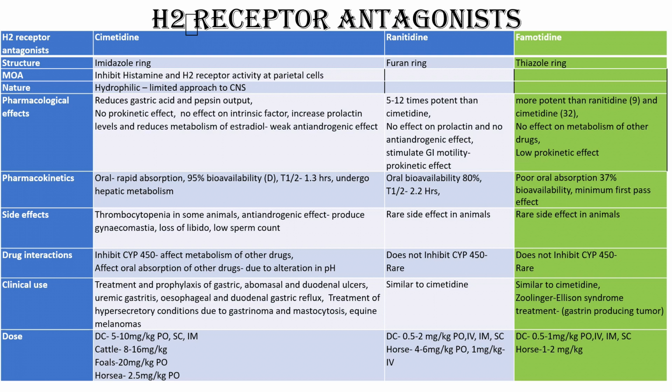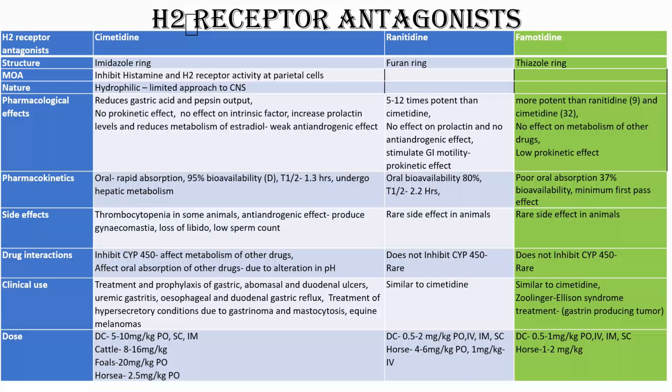The next agent is famotidine. If you see the difference in famotidine and the other two agents, cimetidine and ranitidine, famotidine contains a thiazole ring in its structure, whereas ranitidine had a furan ring and cimetidine had an imidazole ring. Another difference is that famotidine is more potent than the earlier two.